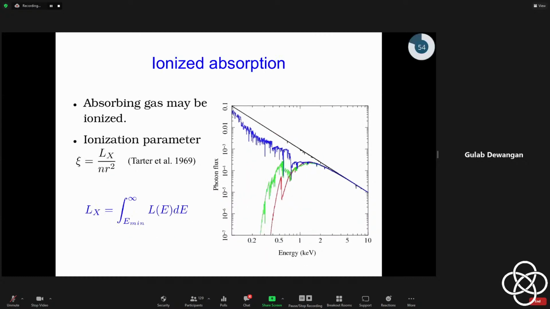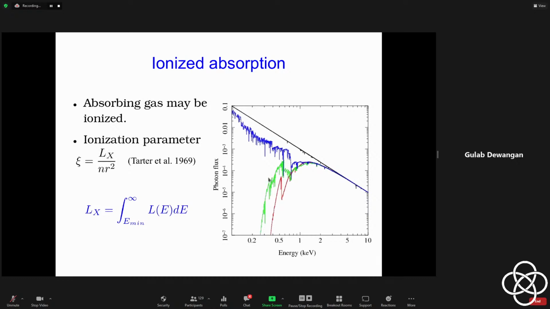Okay. But the moment you introduce ionization of the material, of course, there will be transitions to higher levels as a result of the absorption, and you start seeing the absorption lines. The spectrum in the red curve is almost neutral, so you only see absorption edges.